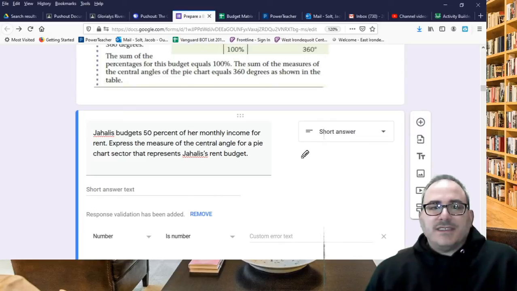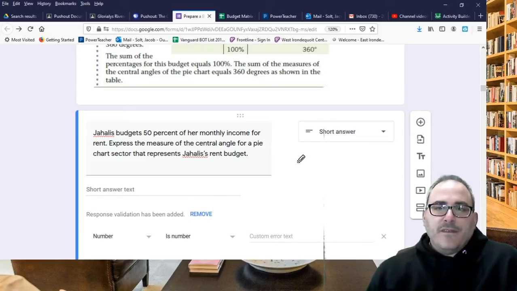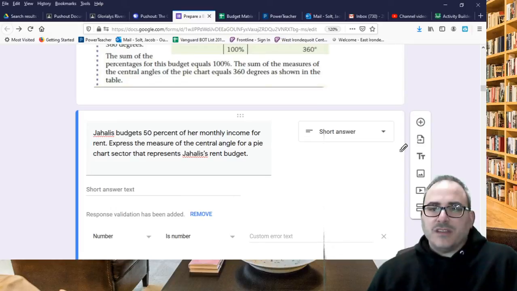So the question is, how do I convert 50% into a decimal out of 1? Remember, it's 50 over 100. If I put 50 over 100 into my calculator, I get a number called 0.5. Notice that you have this 50% here.